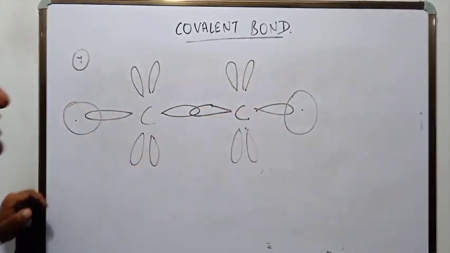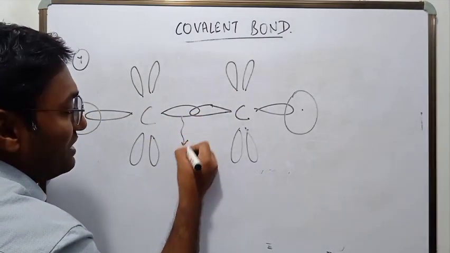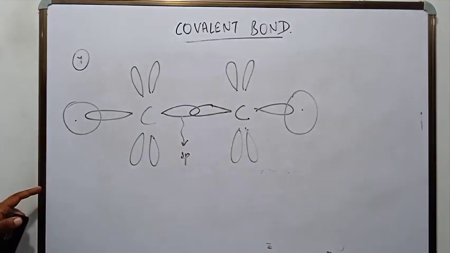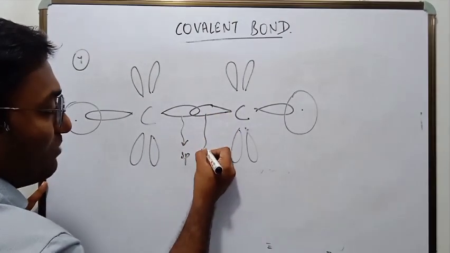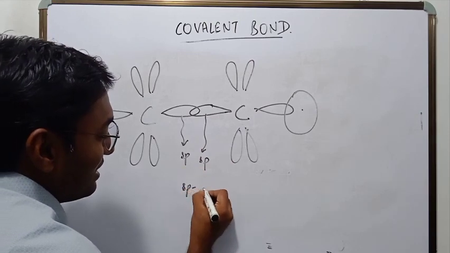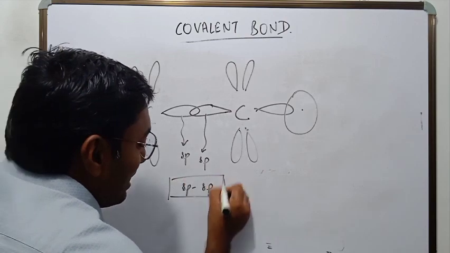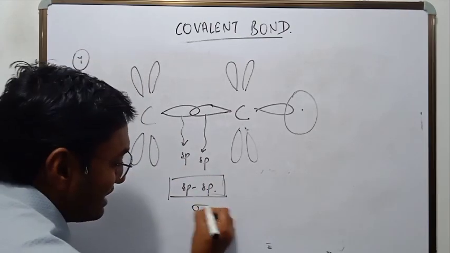Here also you can see head-on overlap, but this head-on overlap is between the sp hybrid orbital of one carbon and the sp hybrid orbital of another carbon. So sp-sp head-on overlap can occur, and this can result in a sigma bond.